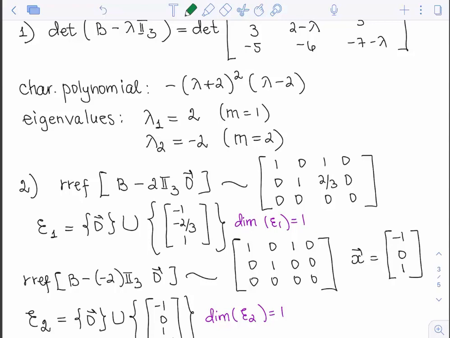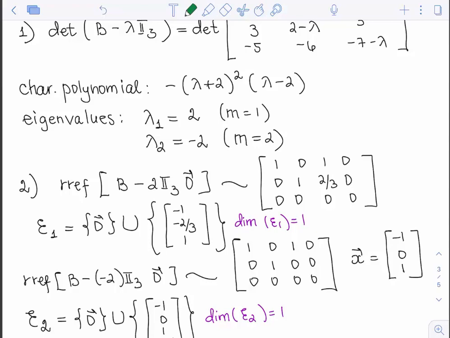We get a nice solution in this case, we have one vector, and that makes sense. Negative 1, negative 2/3, 1, those are the coordinates of your basis eigenvector that generates the entire eigenspace, okay? So this is a one-dimensional subspace of R3. Again, that's another line that goes through the origin, okay?